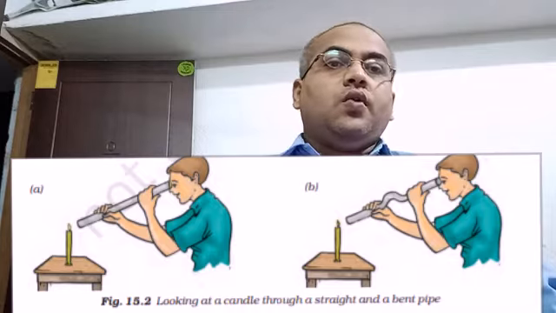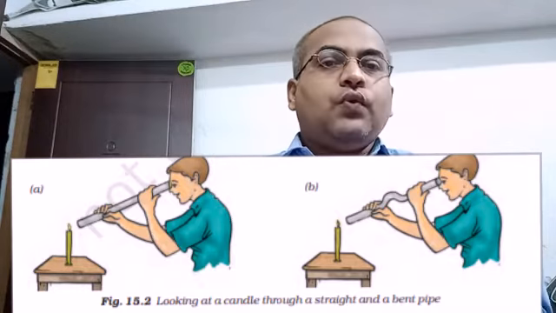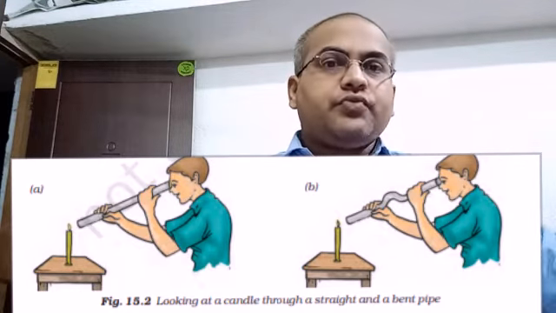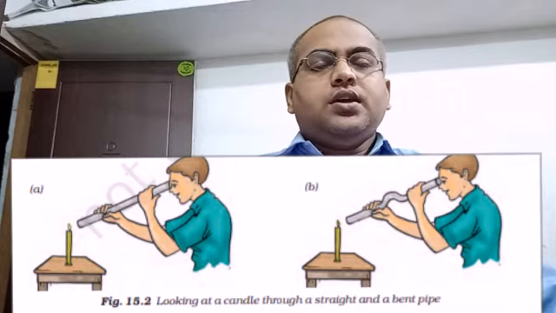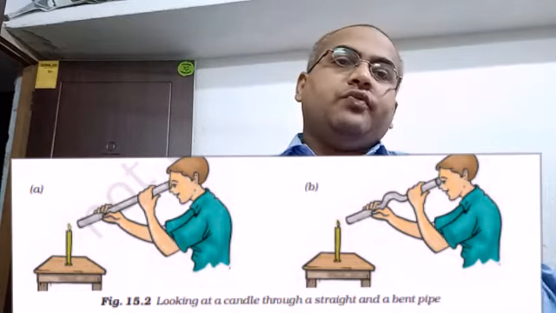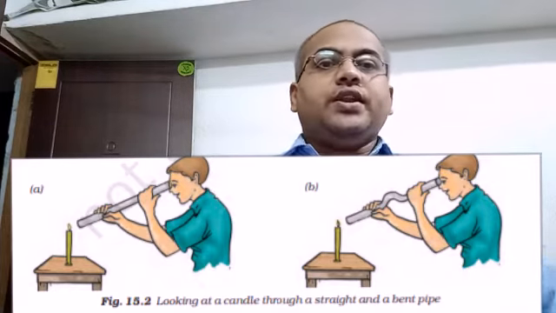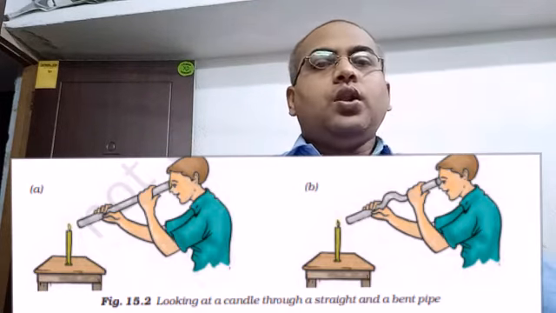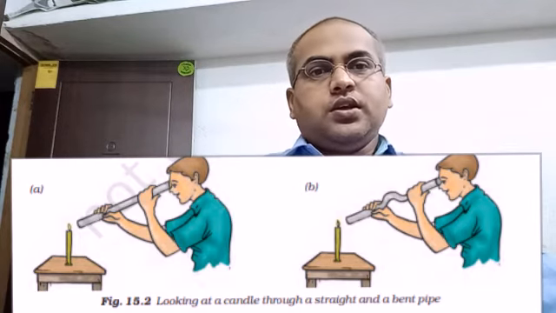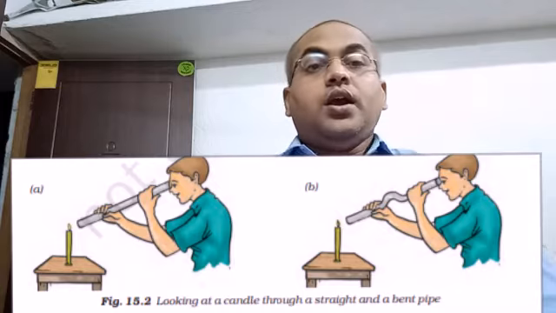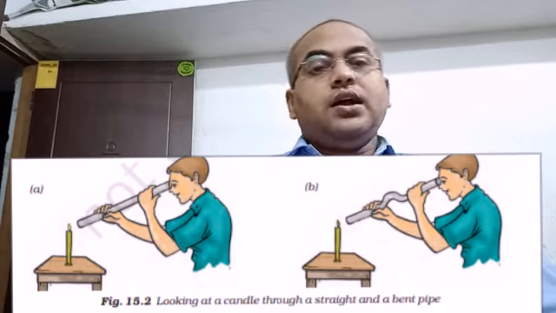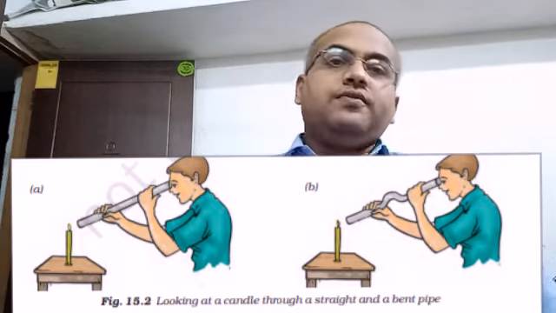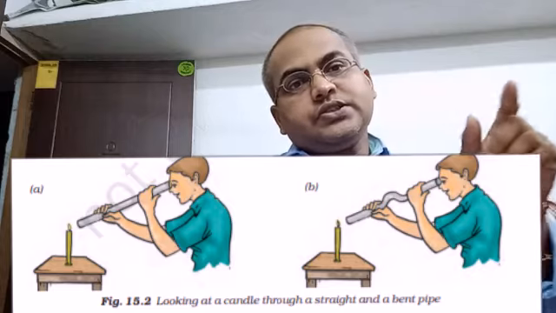But when you use force and make the rubber pipe straight, and try to observe the candle through the hole of the rubber pipe, you are able to observe the flame of the candle.